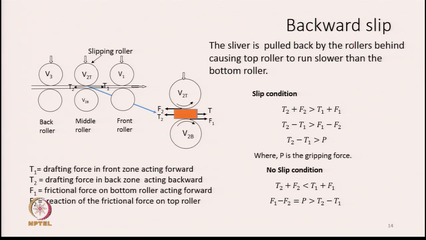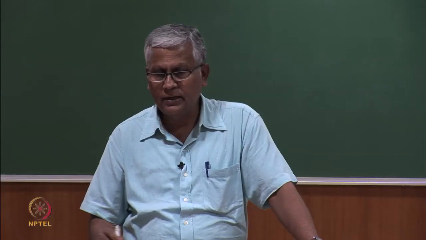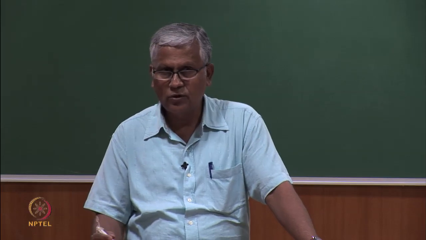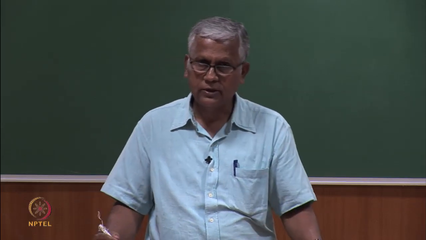That is, drafting is not happening, the sliver which is there behind this particular roller is trying to pull back the top roller. You should remember the bottom roller never slips, because the bottom roller gets its drive directly from the motor through gears, and therefore, there is no scope for the bottom rollers to slip.